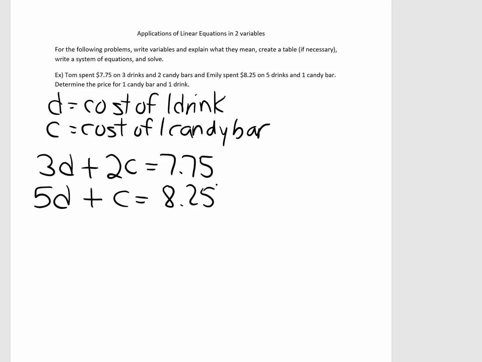There are 2 ways to solve these systems algebraically: substitution and elimination. I'm going to use elimination in this case, and I'm going to eliminate C. So, I'm going to multiply the bottom by -2. Distribute the -2 to each term.